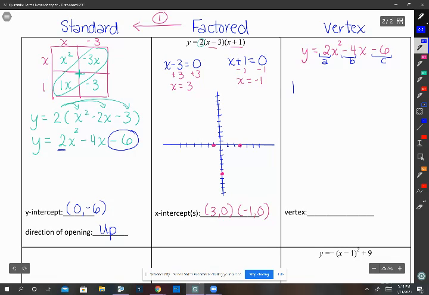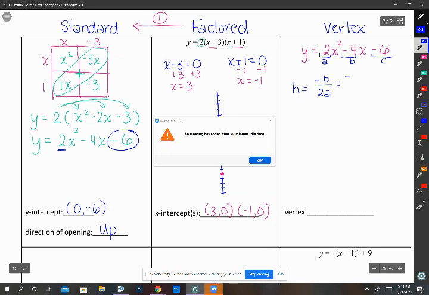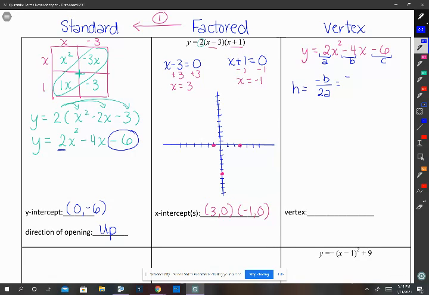And so to find H, we do -b over 2A. So we've got the negative of -4 over 2 times A, which is 2. And so this negative times a negative is a positive. 2 times 2 is 4. So 4 divided by 4 gives us 1. So that means that our vertex, our H value, is 1.